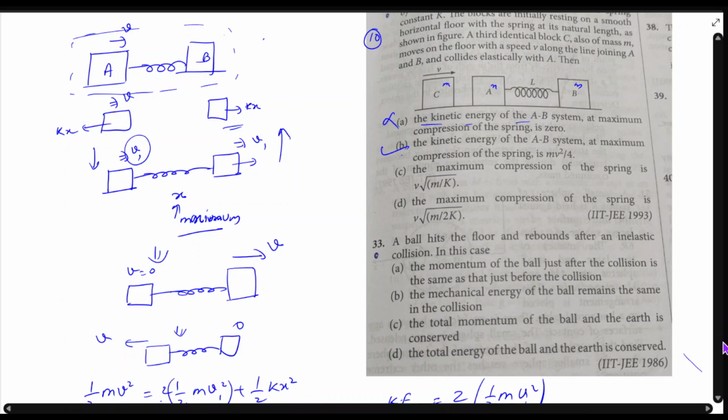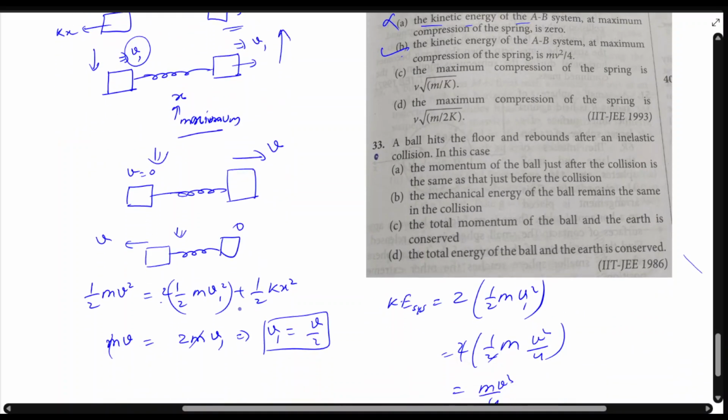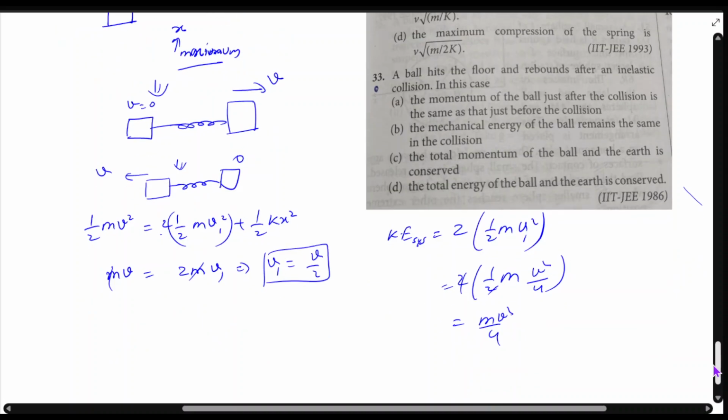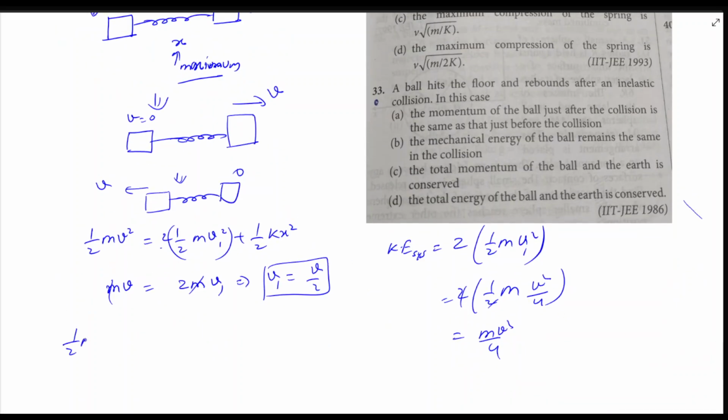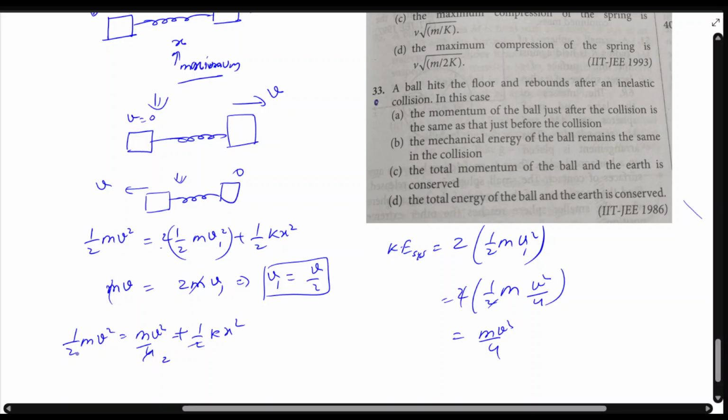Now the maximum compression of the spring is, so now I have to use this. So I'll get half mv square is equal to mv square by 4 plus half kx square. So this will be 2, this will get cancelled. So it will be mv square by 2 is equal to kx square.